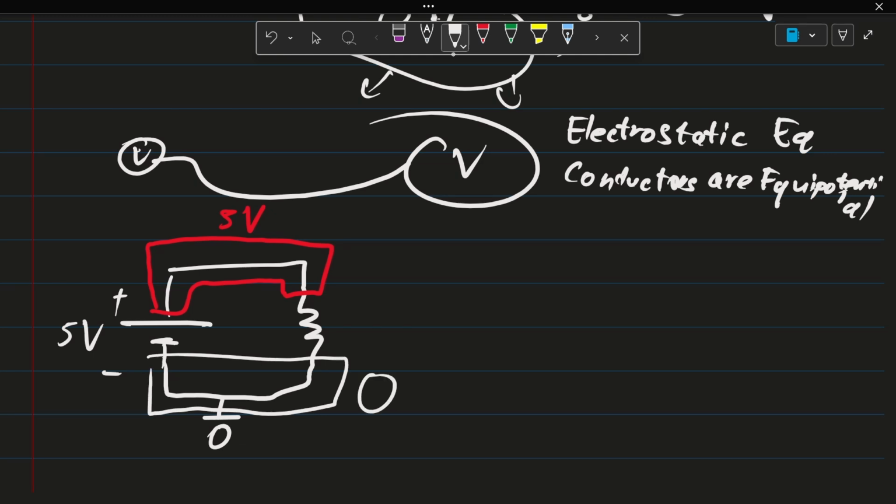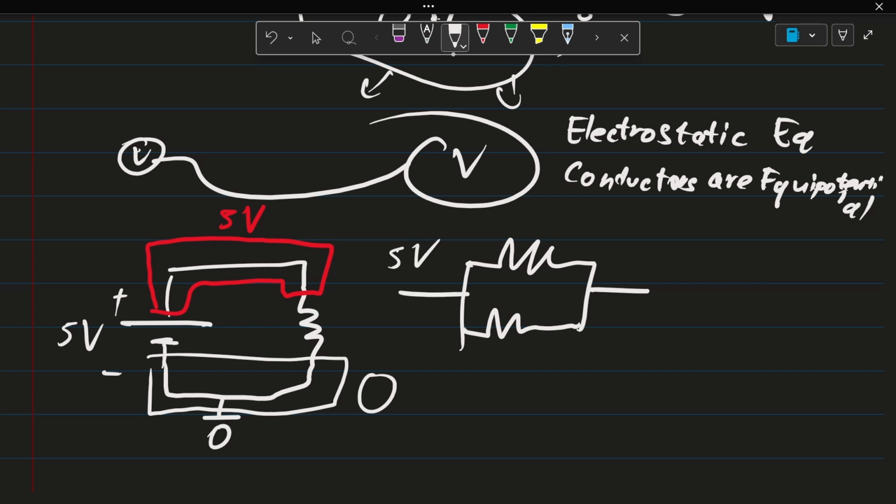So I can discuss a little bit more about circuits. One thing that I want to discuss is parallel circuits. So if I have 5 volts and in here that's ground, the reason why this point as well as this point is also 5 volts is because this entire system here is in equipotential, and same idea here.